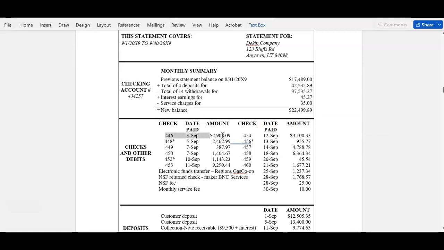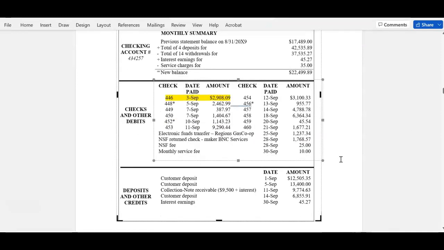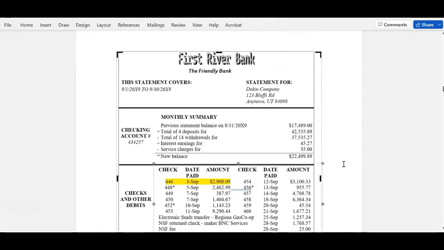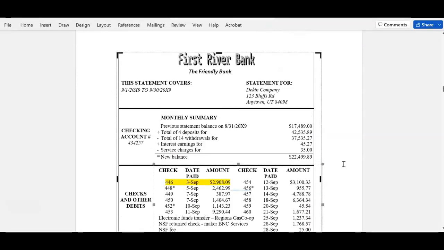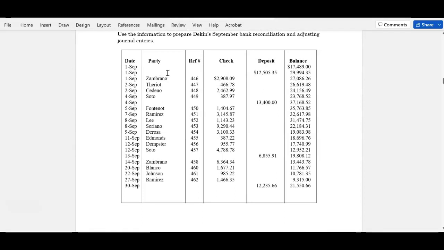See that highlight? So you can highlight it like that, and then go here to check 446, 2009-08-09. And you can go to here, 446, 2009-08-09. That's exactly the same number. So you highlight that. Make sense?